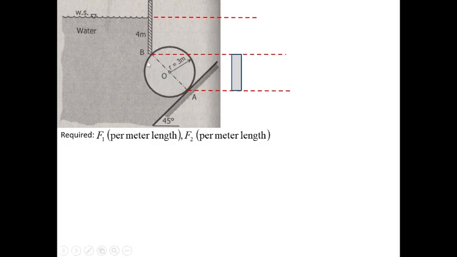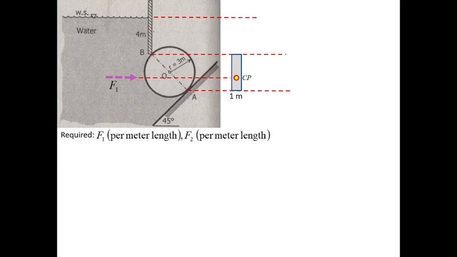Consider natin vertical projection na yan where the hydrostatic force is acting. Here's the center of pressure of the vertical projection, and this is the location of the hydrostatic force horizontal component. And take note, per meter length.